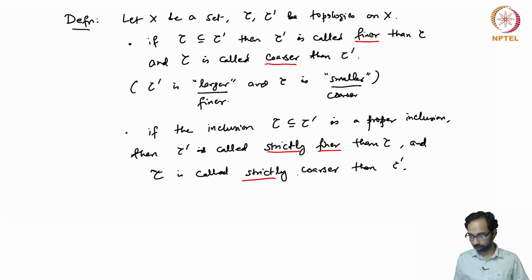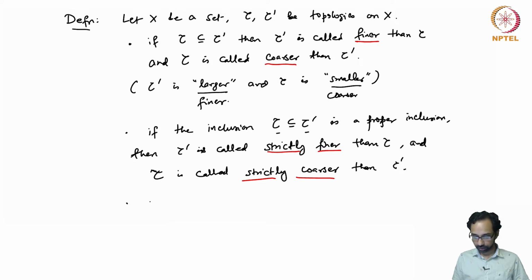So when you have a proper inclusion, meaning there are sets in tau prime which do not belong to tau, then we use the term strictly finer and strictly coarser.